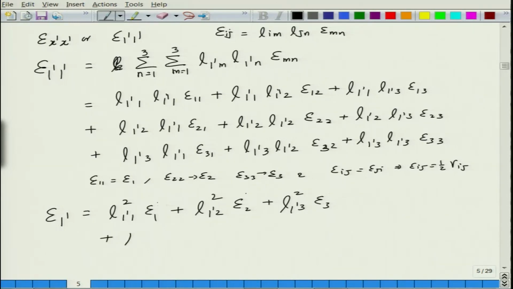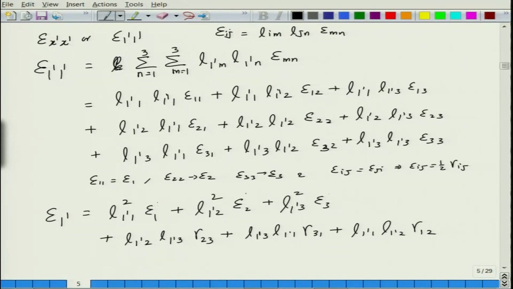plus L 1 prime 2 into L 1 prime 3 into gamma 2 3 plus L 1 prime 3 L 1 prime 1 gamma 3 1 plus L 1 prime 1 into L 1 prime 2 gamma 1 2.